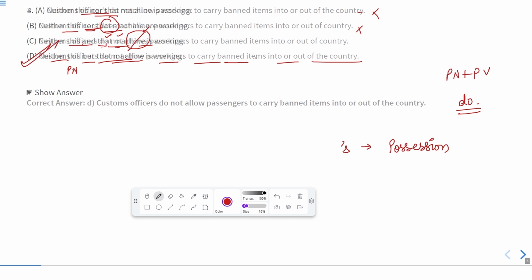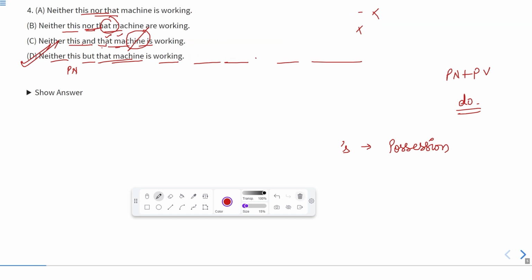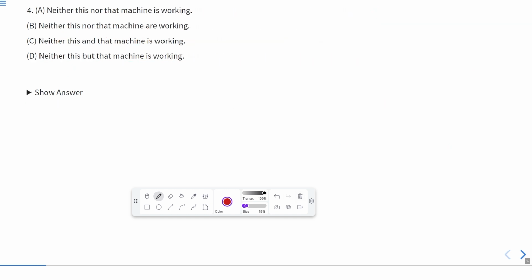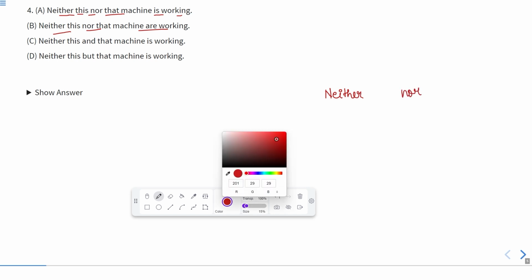Now let us move to the next one. The next sentence is, "Neither this nor that machine is working." Now, if we talk about neither, and "Neither this nor that machine are working." Whenever we use neither and nor, neither is paired with the word nor.